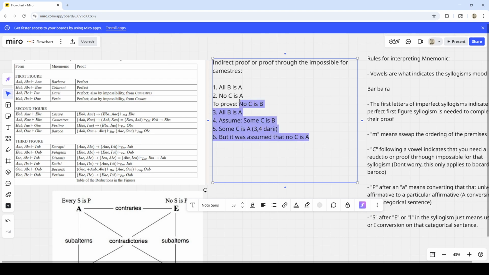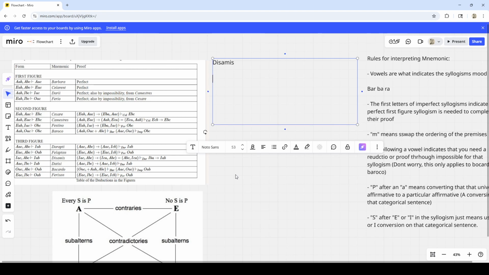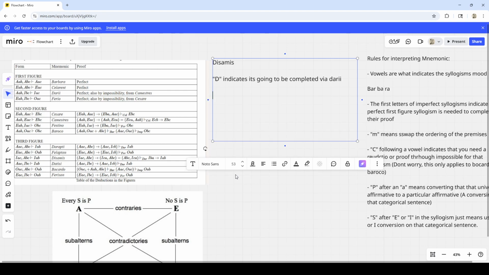But let's go through another direct proof. Let's see what we want to do. I'd say let's do this SAMISTRES-style mnemonic. First we realize the D indicates it's going to be completed via Darii syllogism.